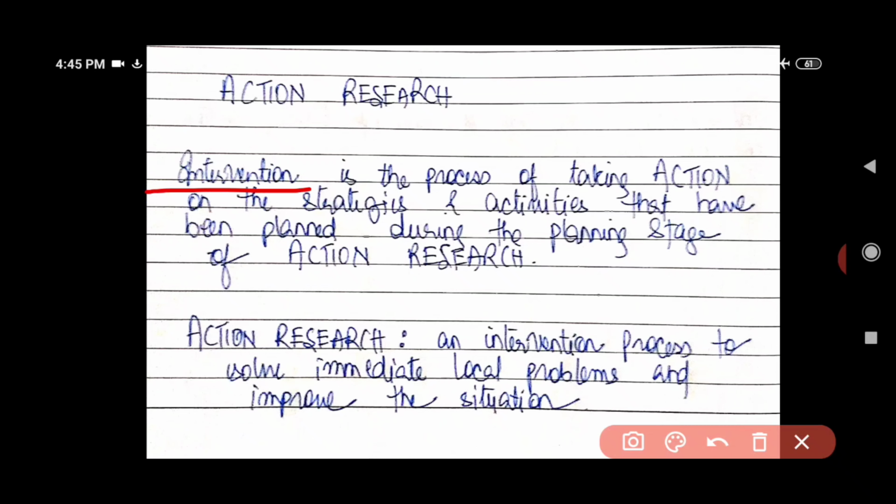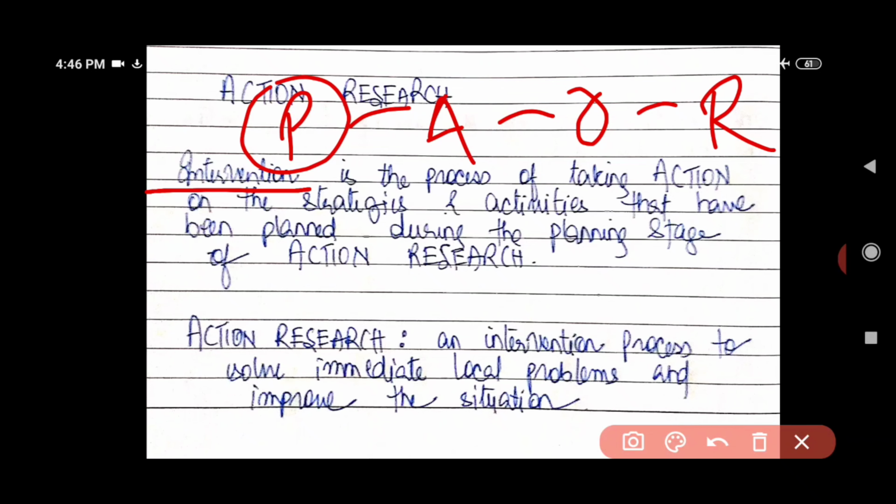So if you remember, there are 4 processes to action research: plan, act, observe, reflect, right? So in this planning stage, there are already some strategies, some activities that you have already planned. So intervention is carrying out those strategies and activities that you have planned in this stage to conduct the action research.